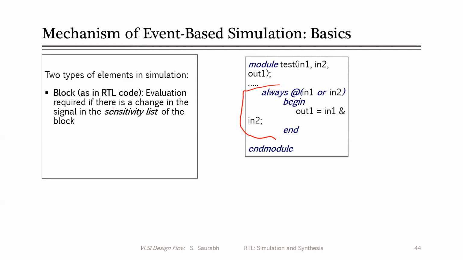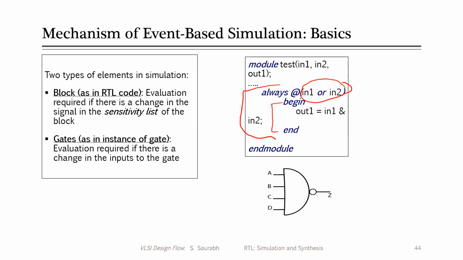Evaluation is required if there is a change in a signal in the sensitivity list. This is the sensitivity list. If the signal changes, then this begin end block will be executed. So this is one type of element that is used in simulation.